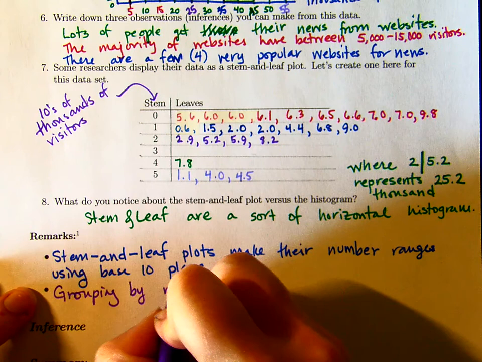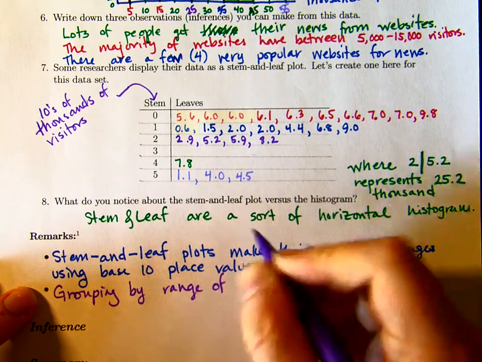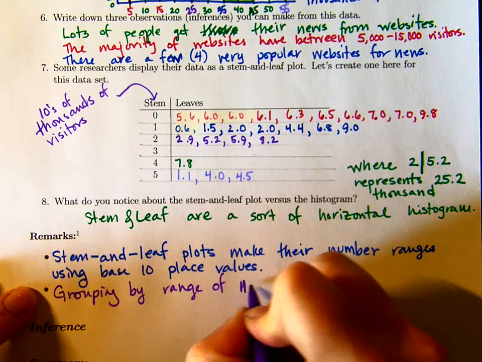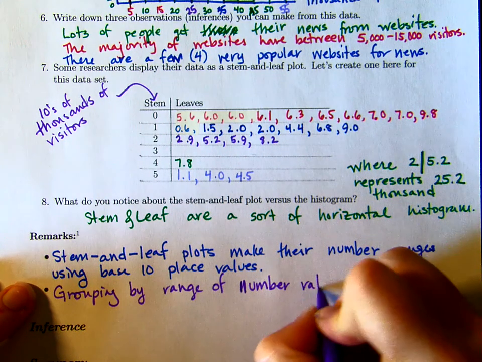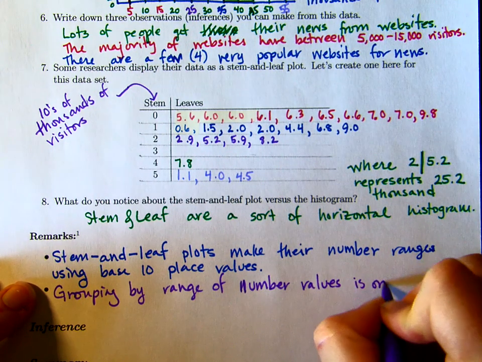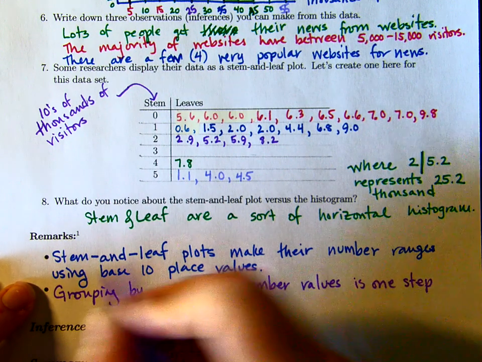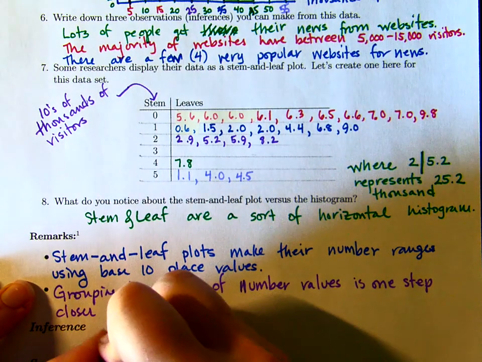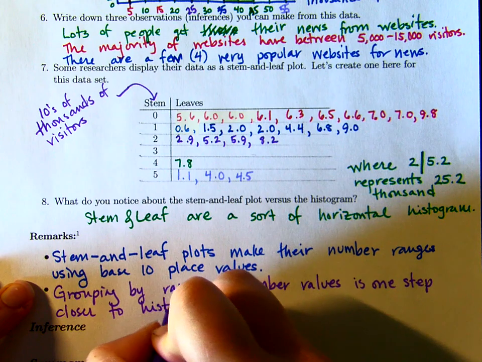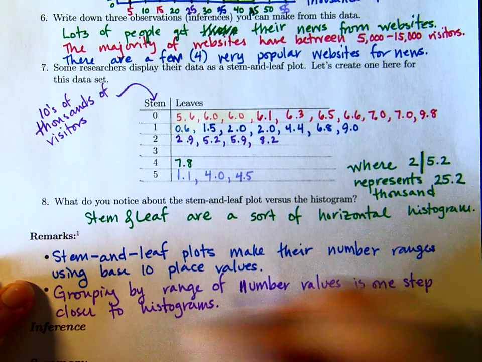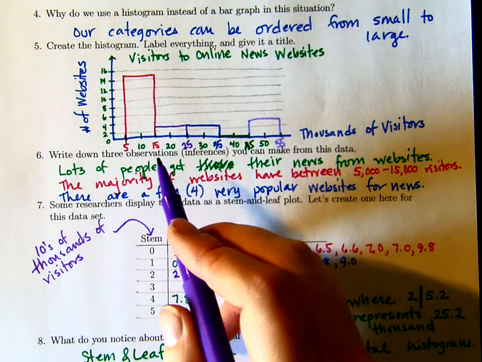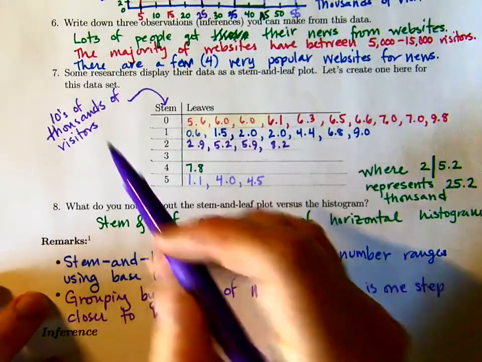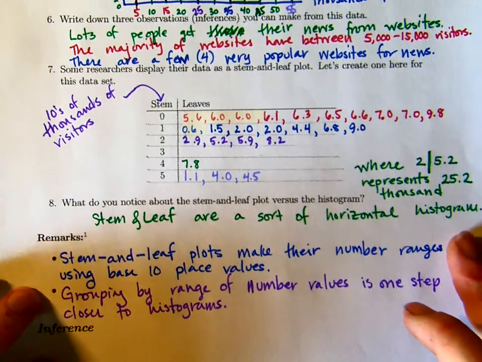So, grouping by range of number values. It's true that our histogram broke it up a little bit differently from 5,000 to 15,000, but the stem and leaf broke it into groups of 10,000.